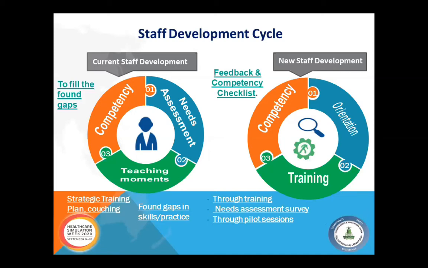two cycles. We developed two development cycles. One for new staff development, and the other one for current staff development. For the new staff development, for example, we have three levels here. Orientation. Orientation is very, very important.